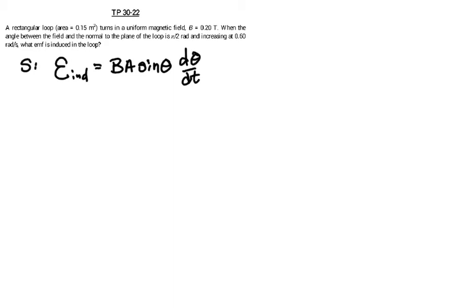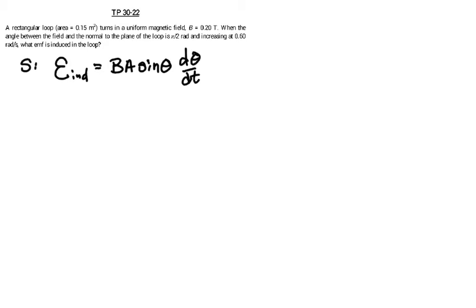Again, our induced EMF is equal to the magnitude of the magnetic field times the area of our loop times the sine of the angle between our magnetic field and our area vector, and multiplied times the first time derivative of our angle function.